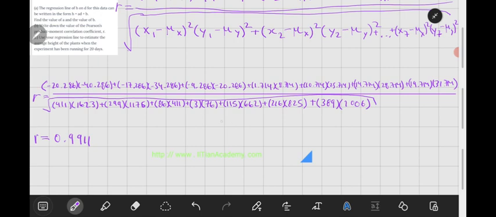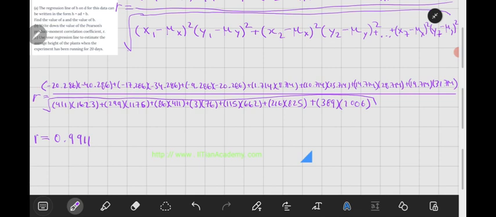I've rounded some of the values in the denominator here for the sake of fitting them all into this video, but your values should still closely approximate mine. I would not recommend that you round them, just so you can get the most exact answer. And then when you put everything in your calculator, you should find that our correlation coefficient comes out to be 0.9911.